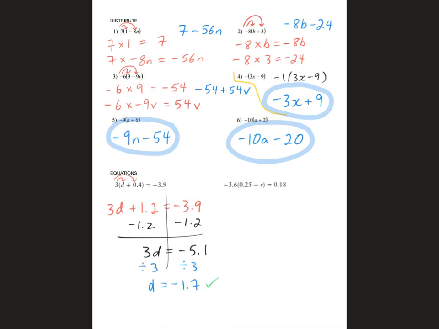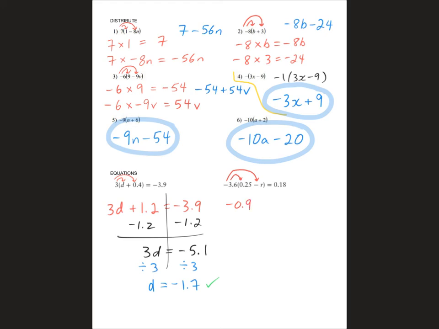For the second one here, we got to watch the signs. So we're going to multiply in like so. So we have -3.6 times 0.25. So that's a negative times a positive. So -3.6 times 0.25 is -0.9.